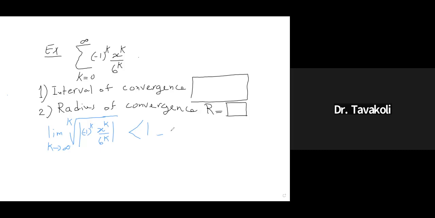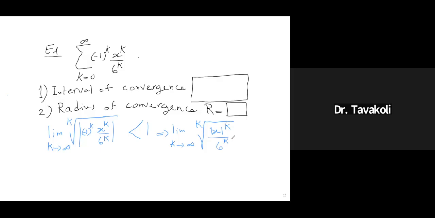So we'll have the limit as k tends to infinity of the kth root of the absolute value of x^k over 6^k. 6 doesn't need absolute value because 6 is already positive.